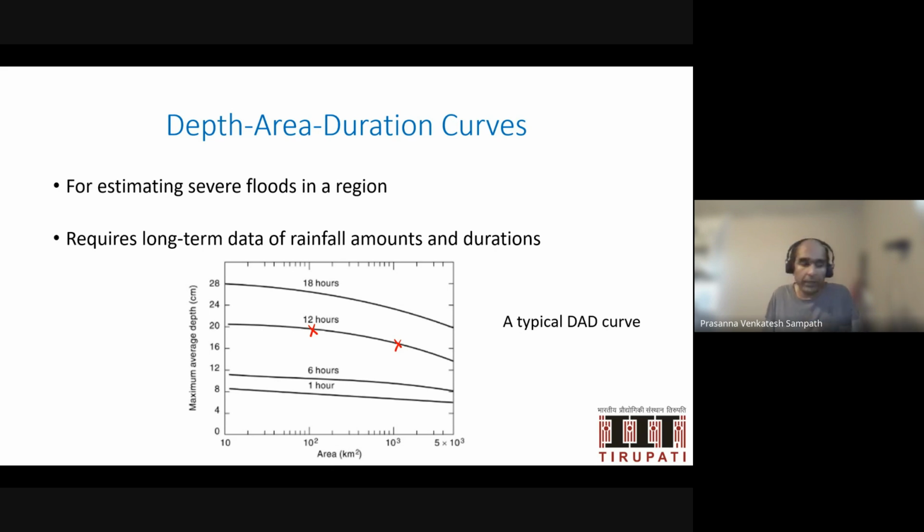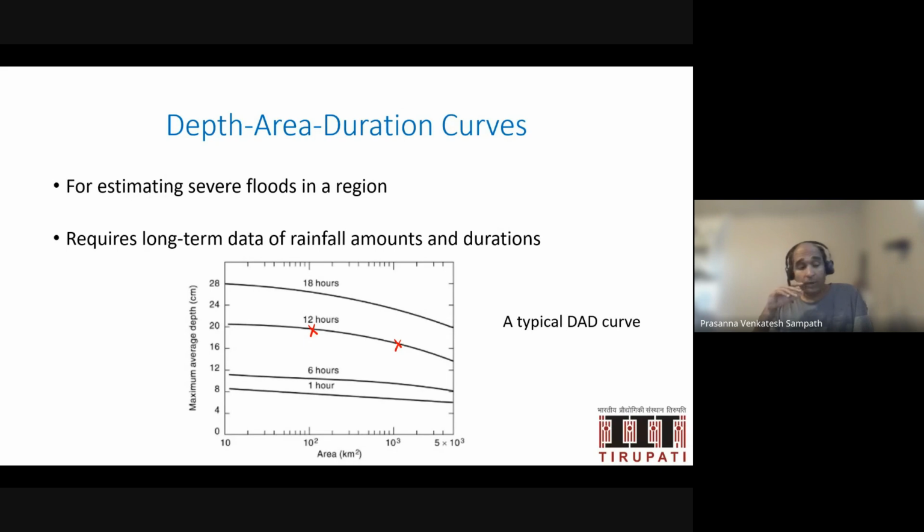I'll ask it in a different way. Suppose I tell you, let us say Tirupati to Chennai, the distance is about 100 kilometers, 130 kilometers. Suppose a storm crosses between Chennai and Tirupati, somewhere in between on the coast. It crosses.